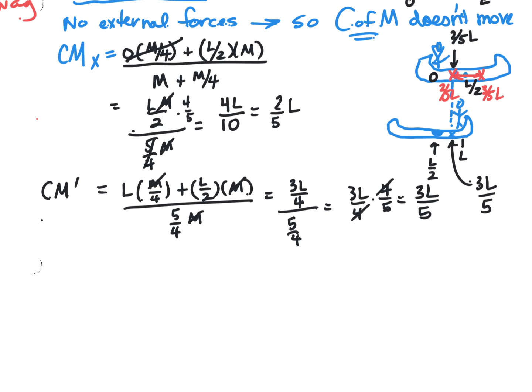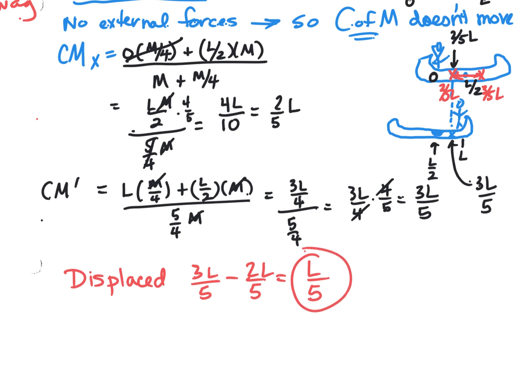Well, we just have to subtract, don't we? It was displaced 3L over 5 minus 2L over 5, which is just L over 5. That's how much it moved. It moved 1/5 of its total length towards the fisherman, right? Out from underneath the fisherman.